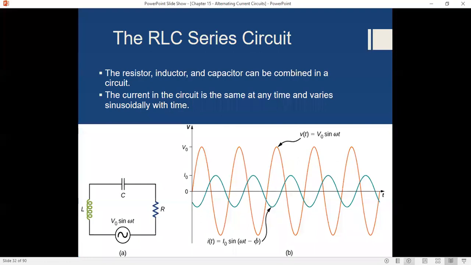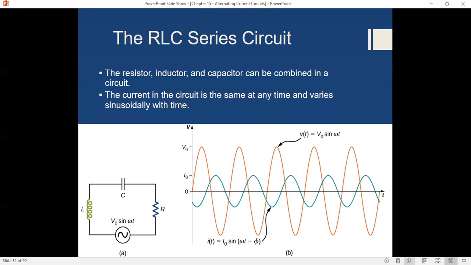Okay, so going forward, again, if I take an inductor, a capacitor, and a resistor and put them all in series, the inductor and the capacitor are going to have an effect on the phase of the current and the voltage. The resistor has no impact on them.